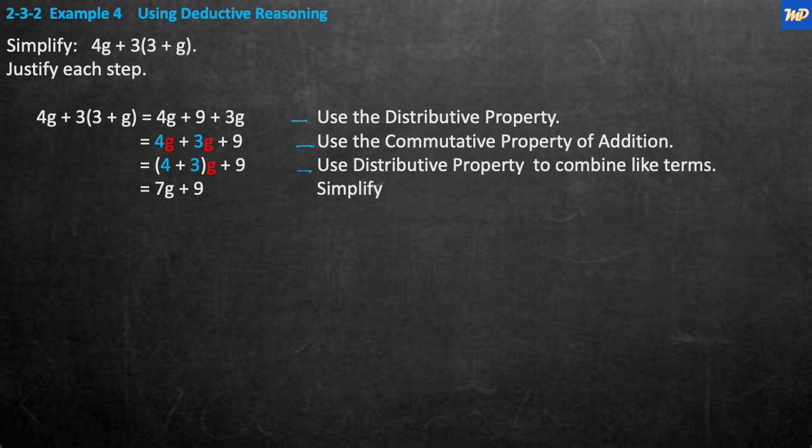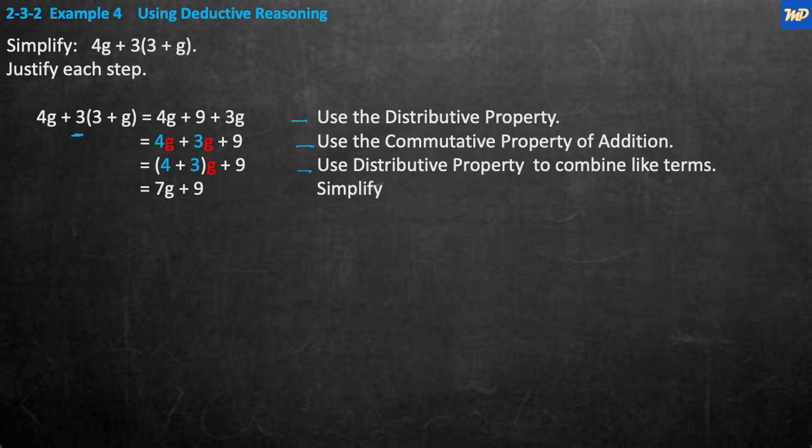So what's the first thing we have to do? Deductively, we have to get this 3 right here involved back with the 3 and the plus g. The way we do that is we're going to multiply using the distributive property. We're going to multiply these terms out to get rid of the parentheses.